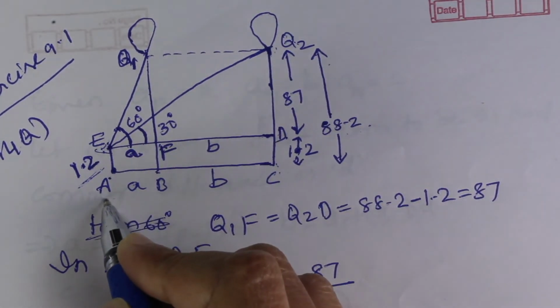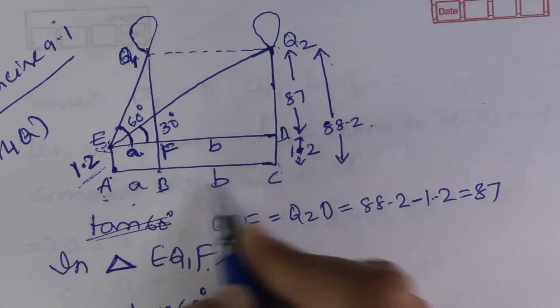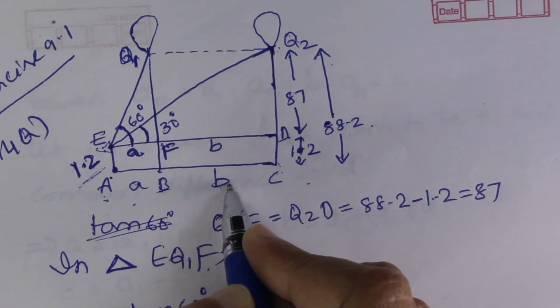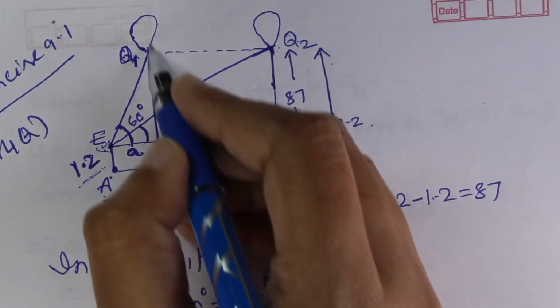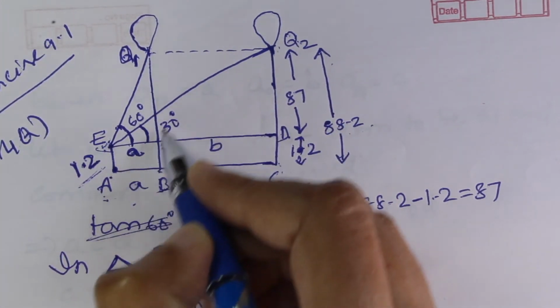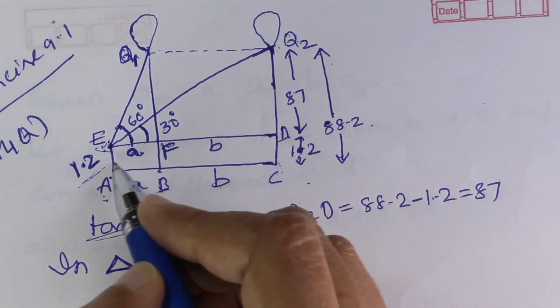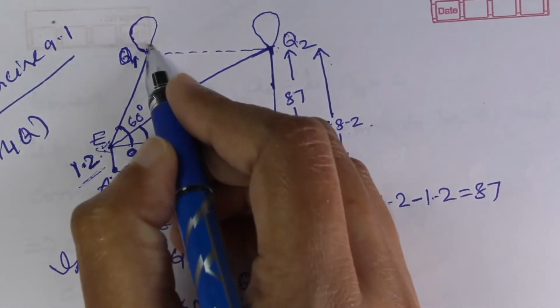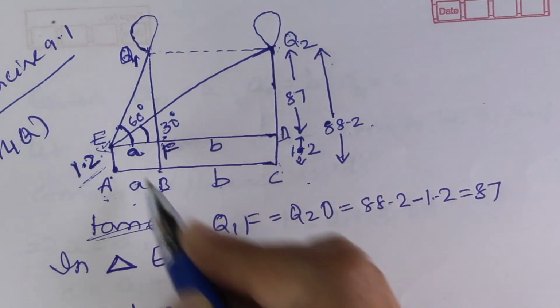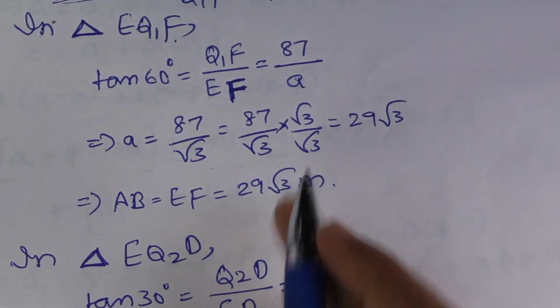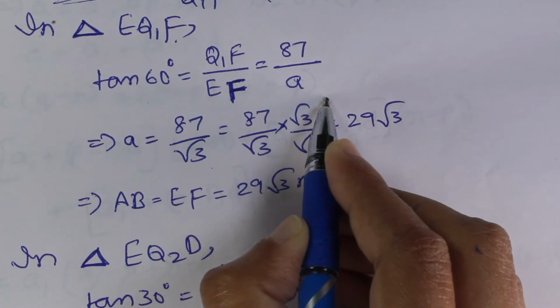So let us assume AB to be small a and BC to be small b meters. So in triangle Q1EF, tan 60 degrees becomes Q1F divided by EF. Q1F is equal to 87 meters, right? So tan 60 degrees is equal to 87 divided by a.